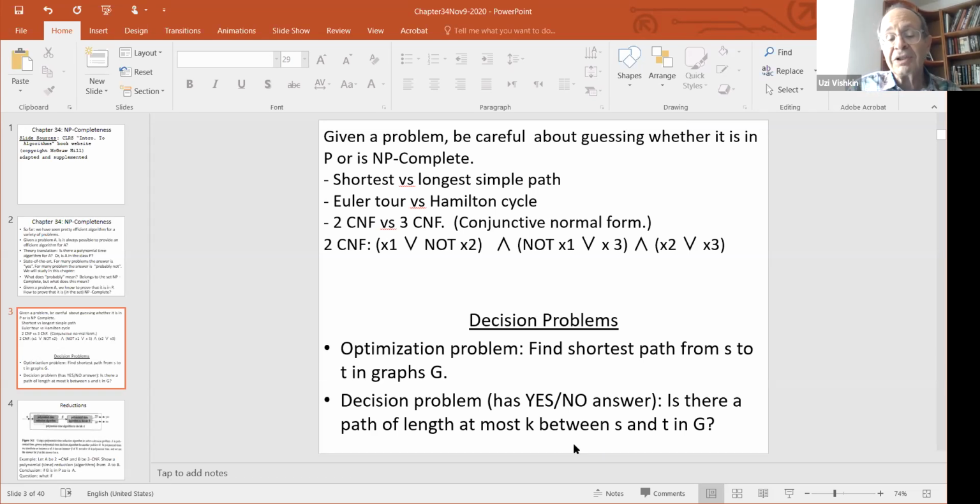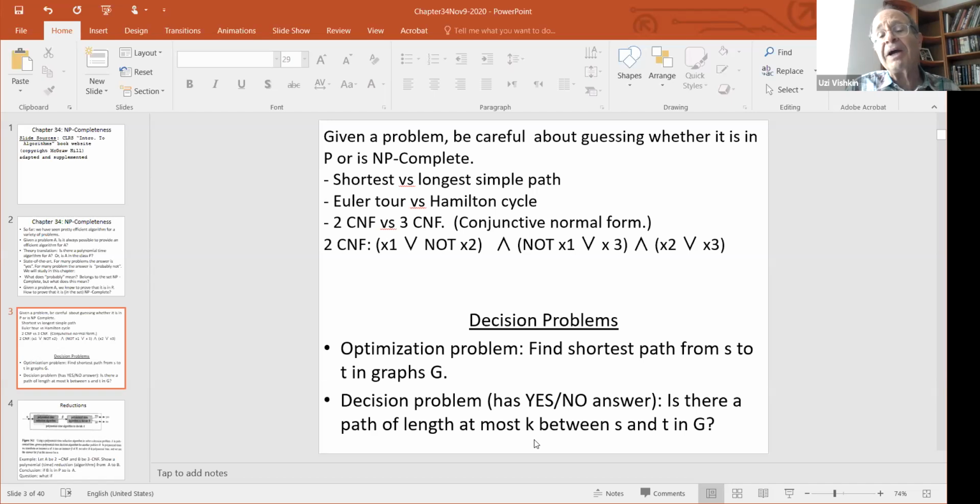But if I ask you, and include in my input a length K, do you have a path whose length is at most K between S and T? This question has a yes or no answer.